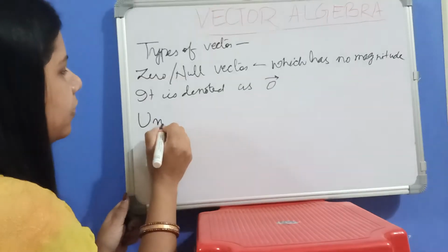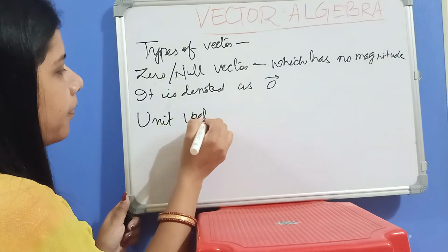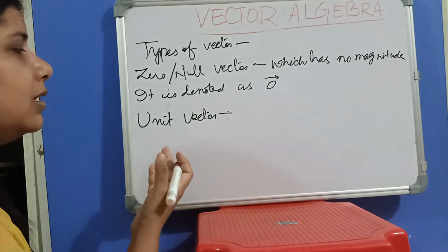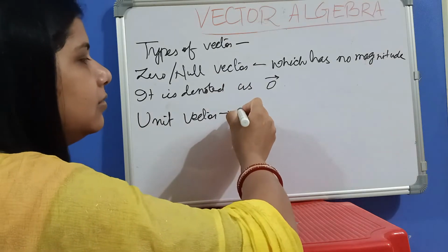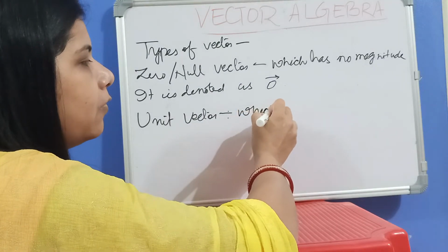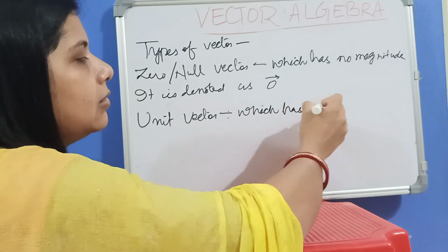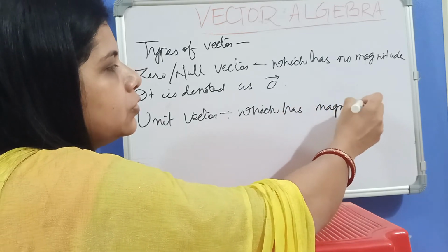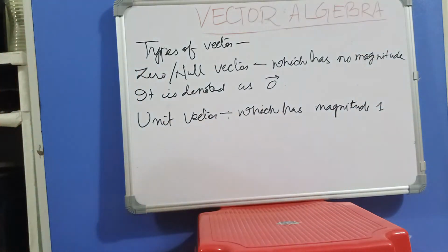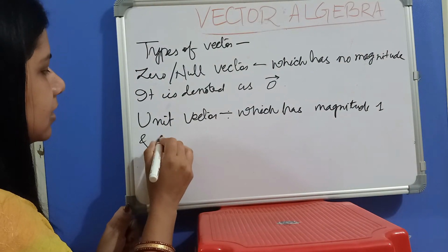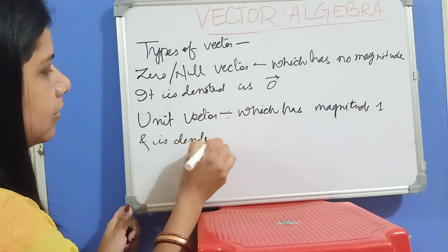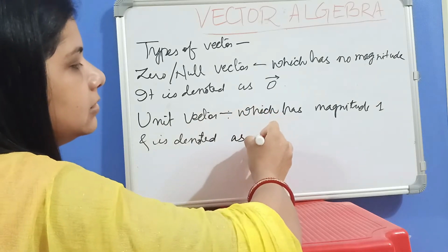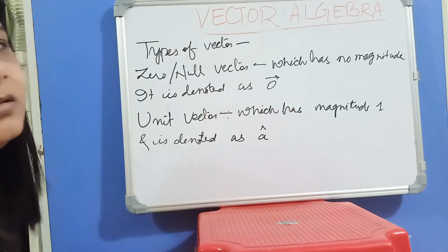Next is unit vector. What is a unit vector? Same, from the name itself, a vector which has magnitude 1 and is denoted as some vector A, then a cap.